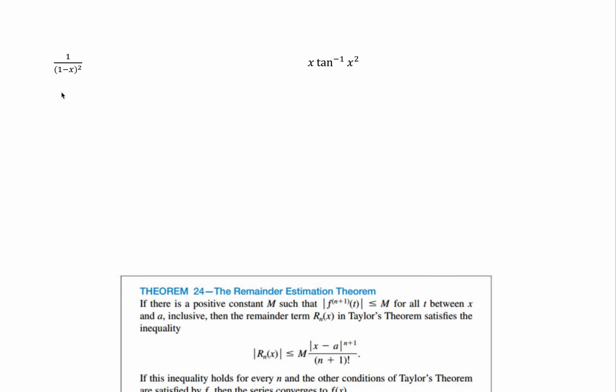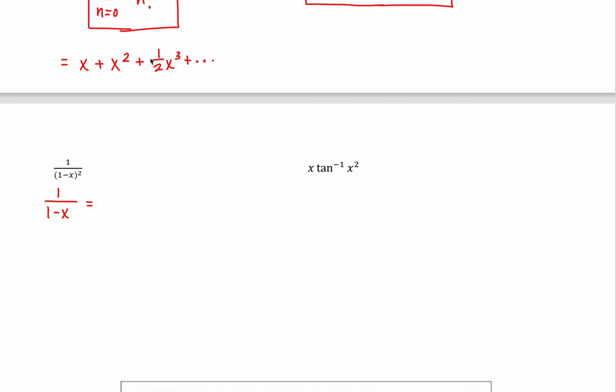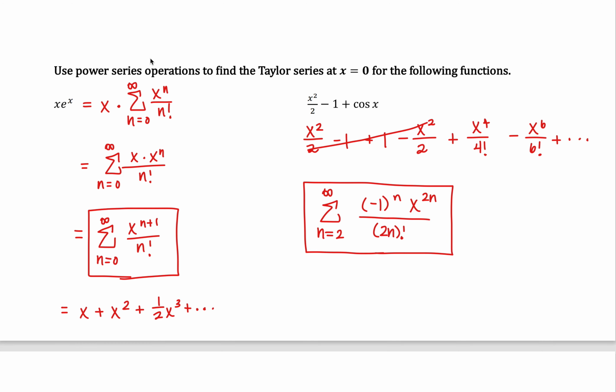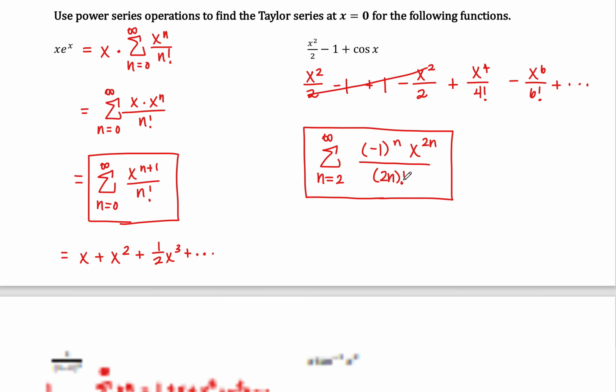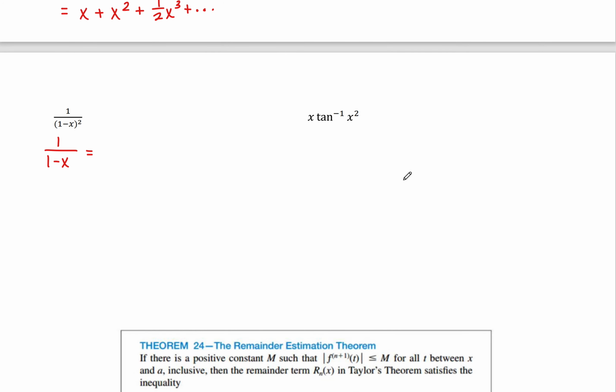The first one is that if I look at 1 over 1 minus x, and if I were to scroll up a little bit, we've got it right here. We could write that as the series from n equals 0 to infinity, x to the n, and that's just 1 plus x plus x squared plus x cubed, and so on.